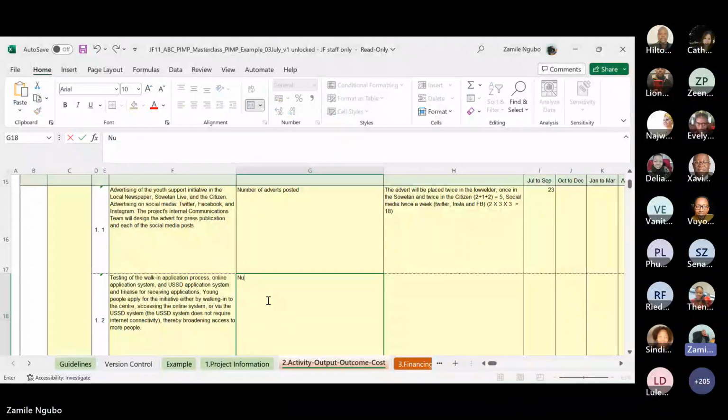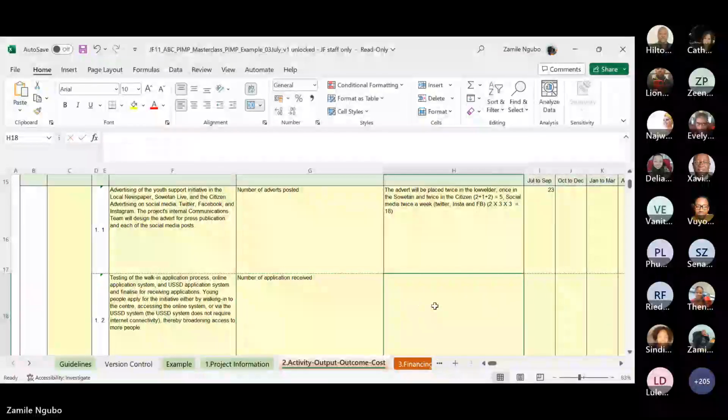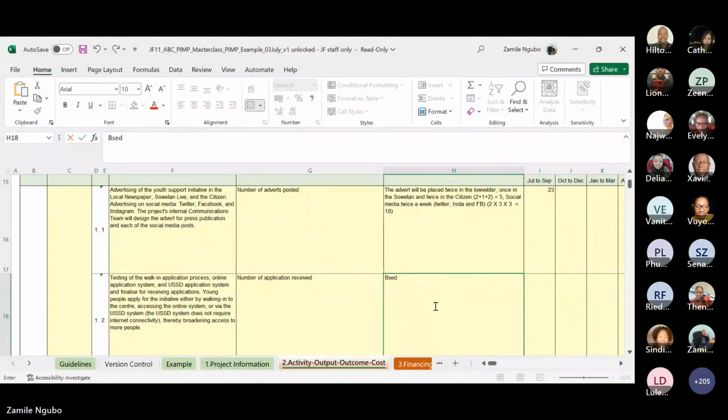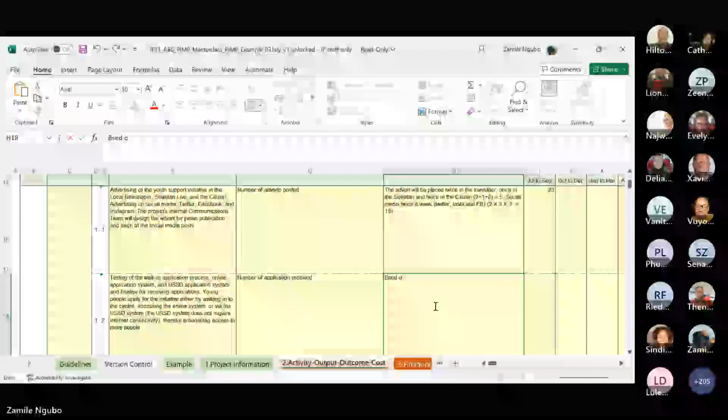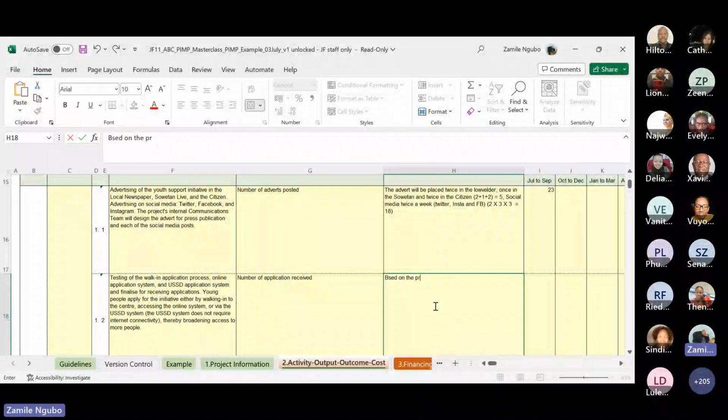So the assumption for that, based on the previous initiative runs, the response rate from the press is likely to be 100.